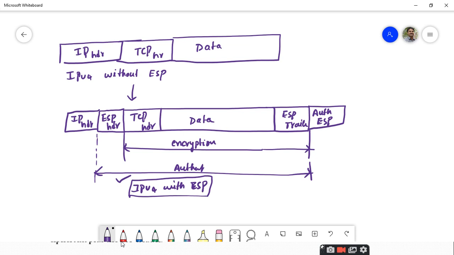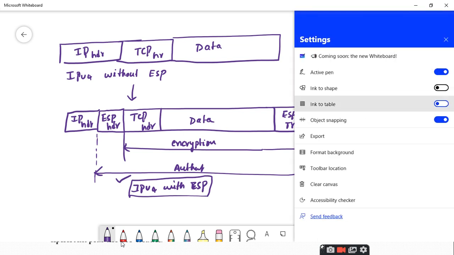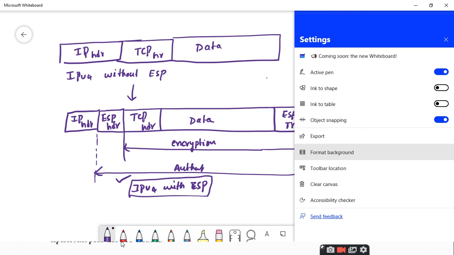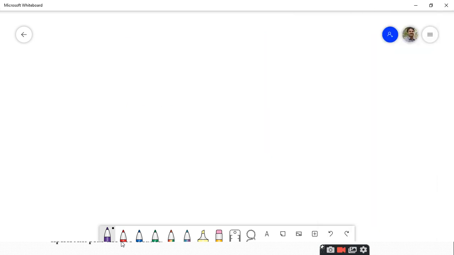And you may get a doubt, what about the IPv6? So for IPv6, let us draw another thing. We know that IPv6 consists of 4 parts, that is the data, and then we have the TCP header, and here I have the IP header, and from here to here extension headers.